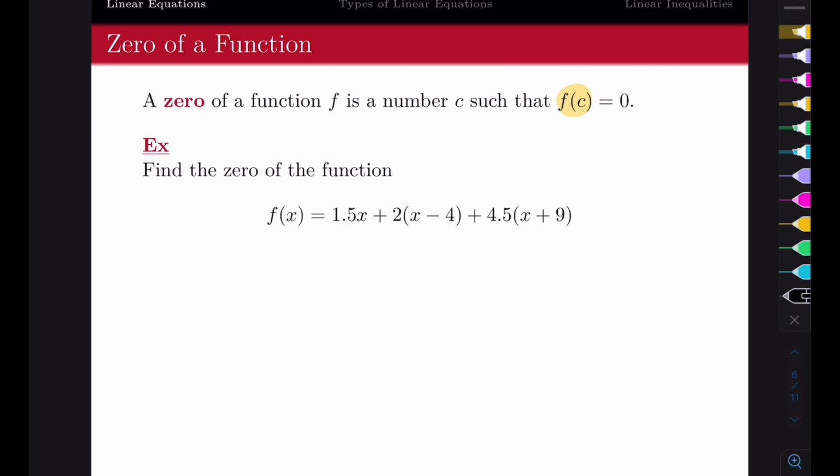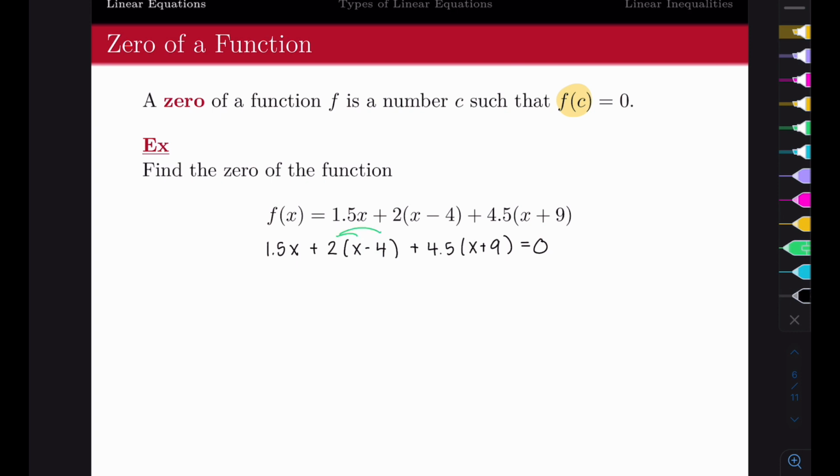So for this one, let's find the 0 of the function that's given to us that has all of these decimals. But all this means is you want to solve where this expression given to us equals 0. Right? So you solve it in the same way.